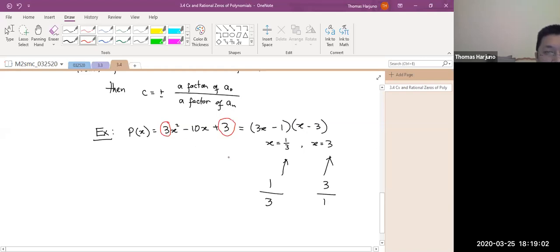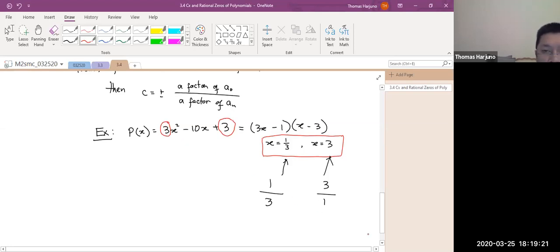As long as the zero is a rational number, the numerator must be a factor of the constant, and the denominator must be a factor of the leading coefficient.